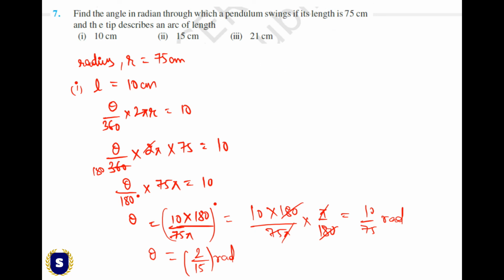Same way for the second part, the length of the arc is 15 cm. Radius is the same, 75 cm. Again the same formula, theta by 360 into 2 pi r, which is the formula for the length of the arc, is equal to 15 centimeter.